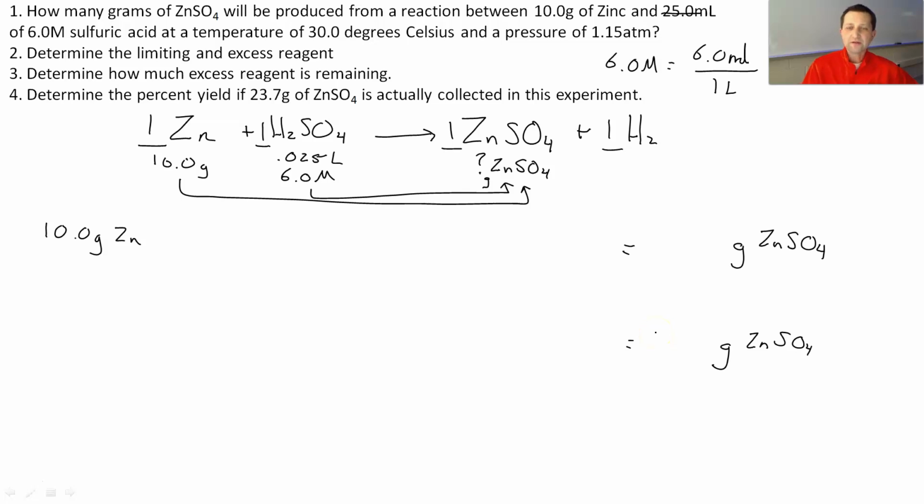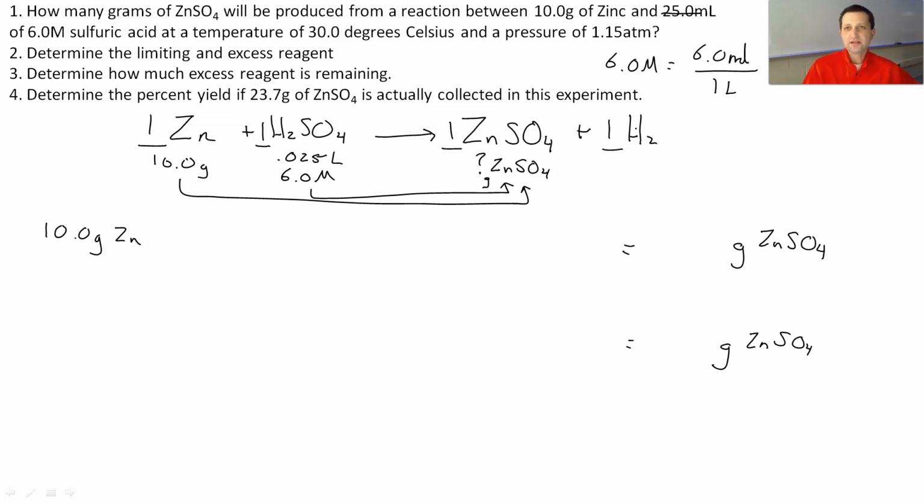If you map this out, if you look at your stoichiometry roadmap, we don't actually end up using STP or non-STP conditions. So this 30 degrees Celsius and 1.15 atm is only going to come into play if we're dealing with the gas that's in this equation. The gas in this equation is hydrogen, and it looks like so far we're not using that at all. So we really don't need to worry about the 30 Celsius, the 1.15 atm. That's just decoy information.